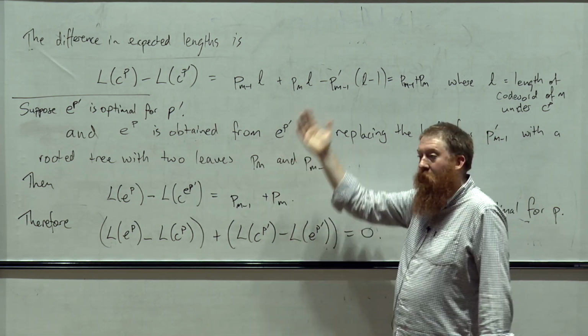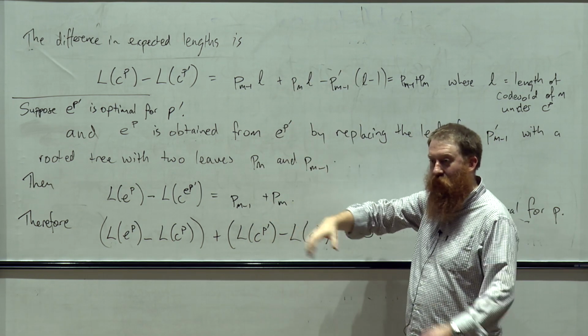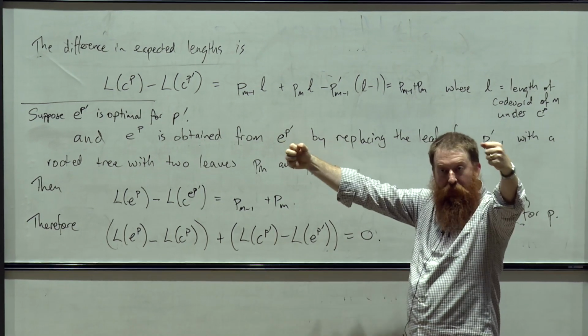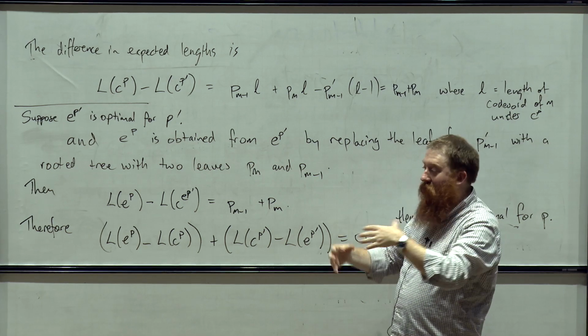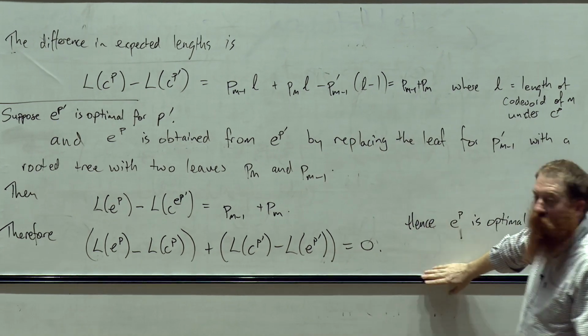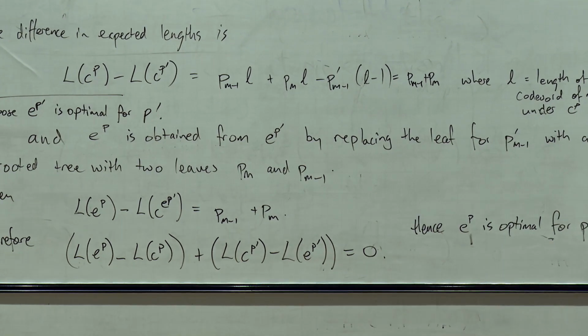And the Huffman code is entirely constructed out of these types of actions. Take something, split it up, okay? Or take something and merge it, really, for the Huffman code. And so this argument shows us that the Huffman must be optimal.